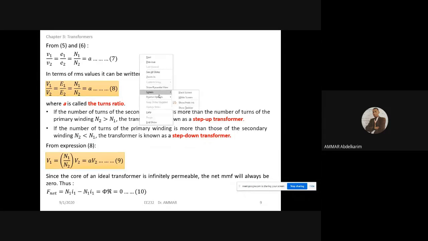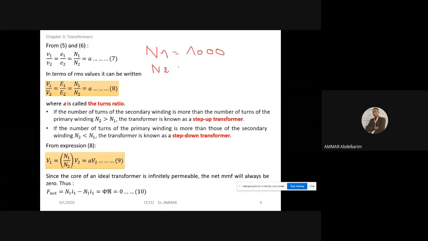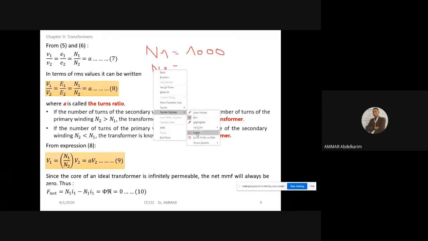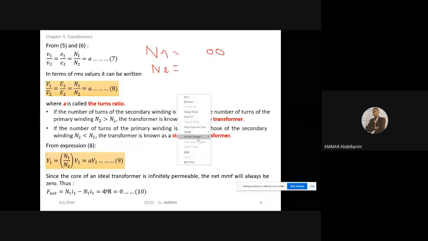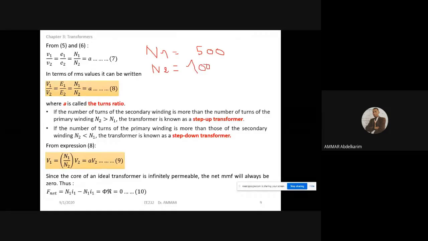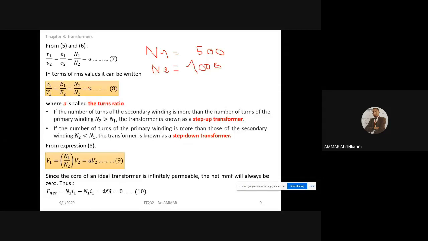Consider n1 is 500 and n2 is 1000. Here n2 is greater than n1.